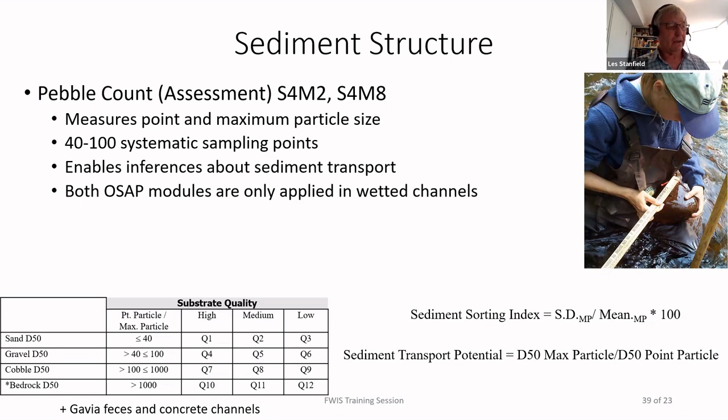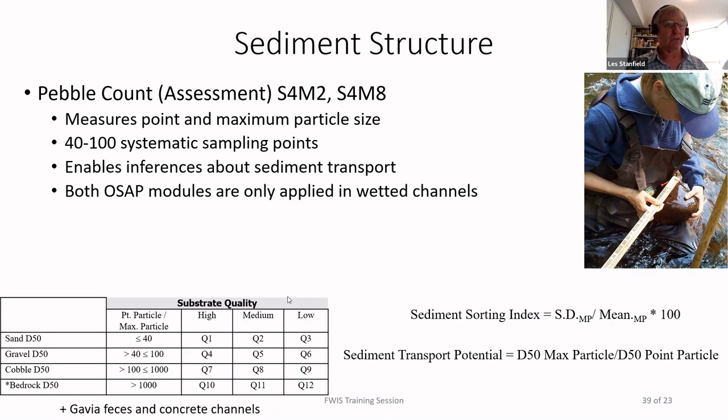Bedrock, Gavia feces, and concrete channels are also classified. Once it's classified using the D50, it then looks at the proportion of fines within that. And if there are a lot of fines, you get a low score.